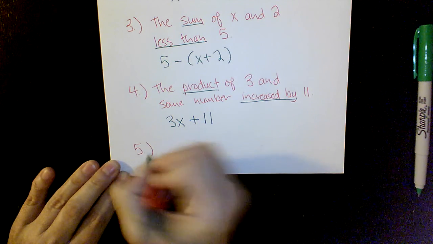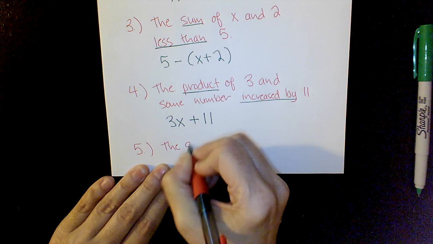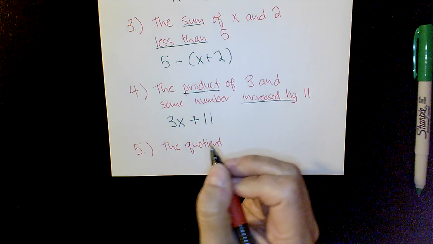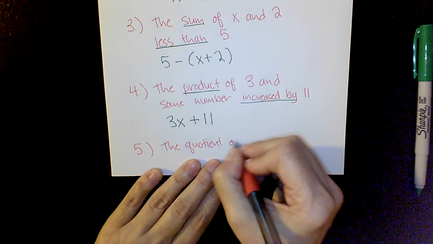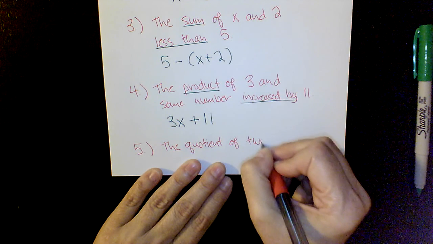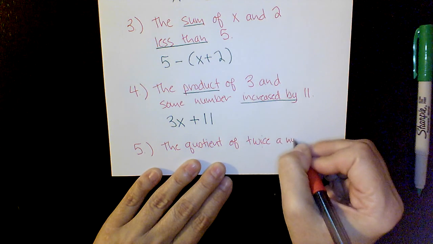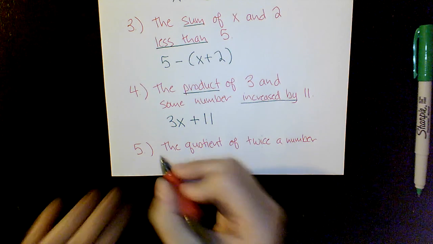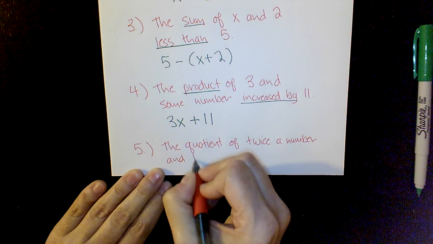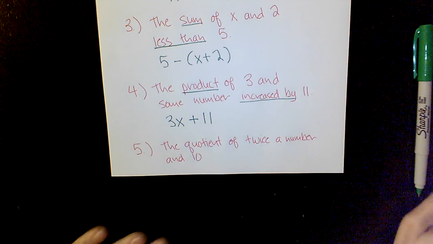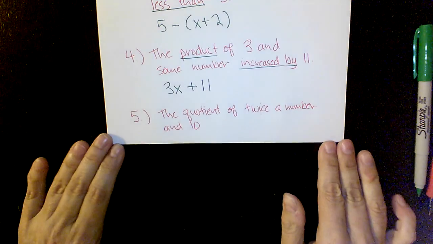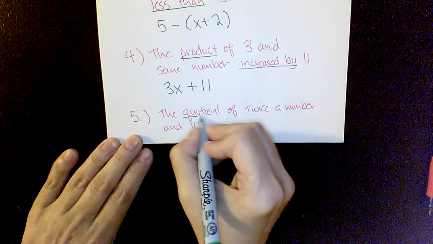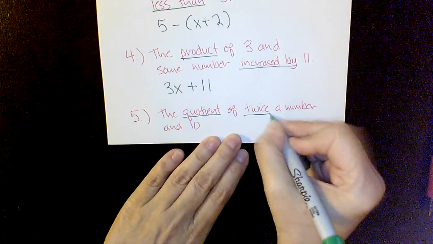I'm going to do one more. The quotient of twice a number and 10. Okay, keywords, quotient and twice.